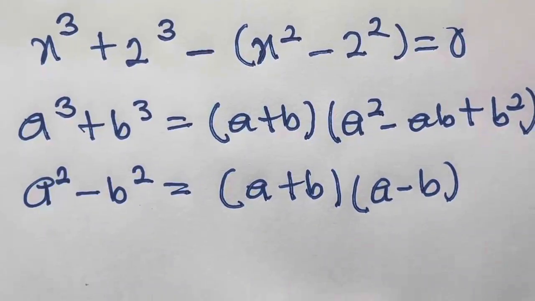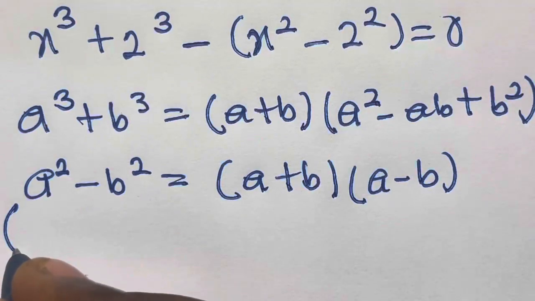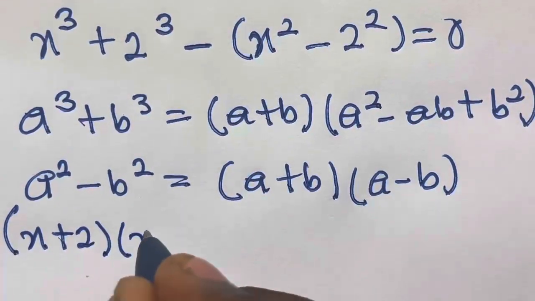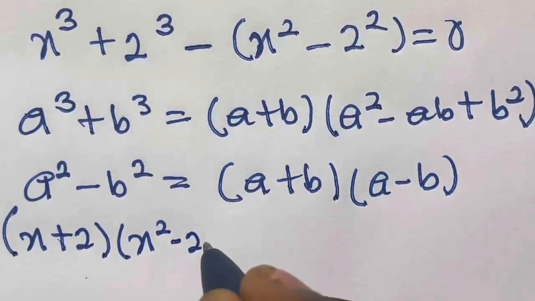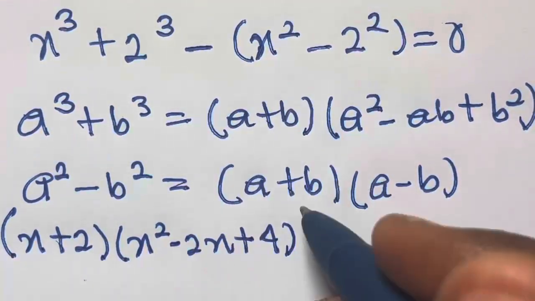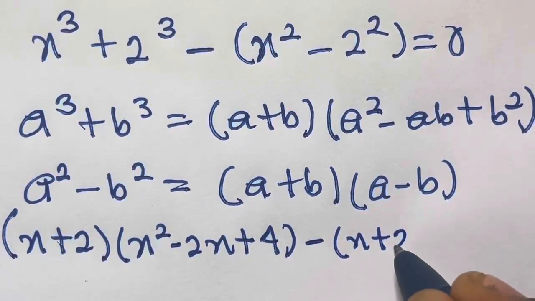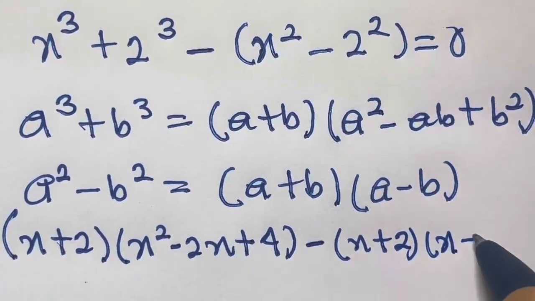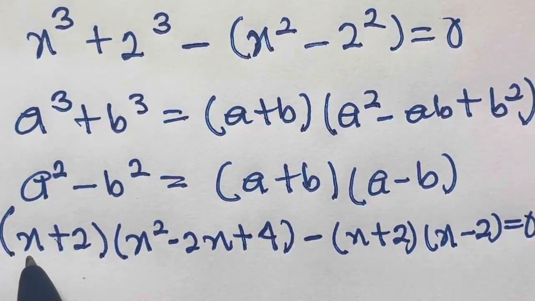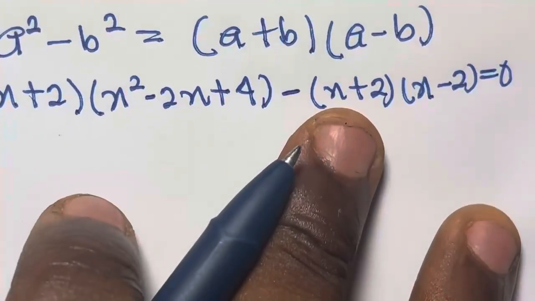So we have x plus 2, then x squared minus 2x plus 4, right? Then also for this we have minus x plus 2, x minus 2 equals 0, right? So you observe that we have x plus 2 in common, so let's factorize x plus 2 out.